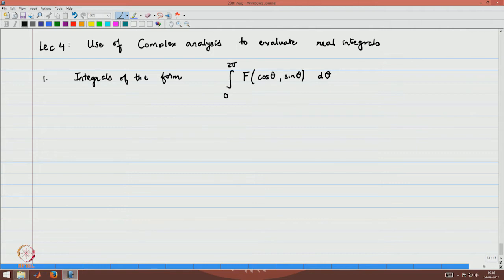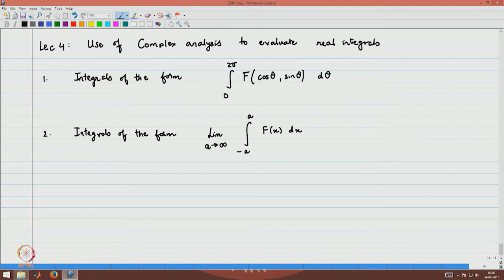And the second application I am going to do is integrals of the form limit as a tends to infinity, integral minus a to a, f of x dx.